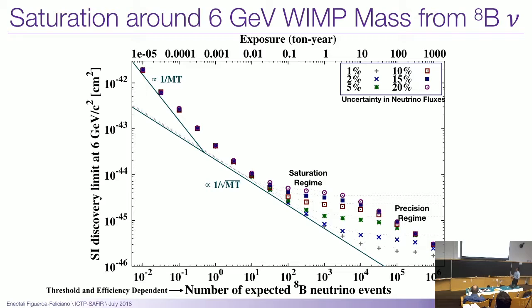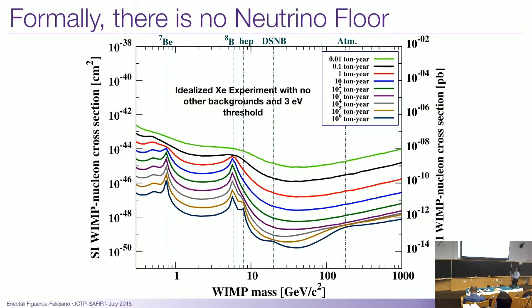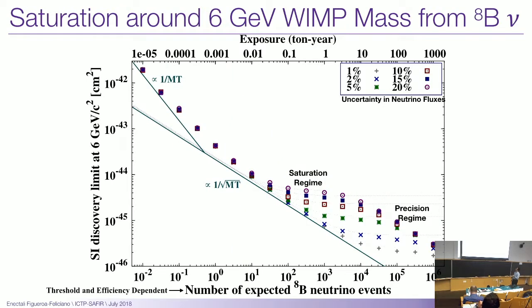So this is a plot of the discovery limit. Each of these dots is basically this point for the boron 8. Instead of exposure, I'm plotting it as the number of neutrino events, because the exposure depends on the experiment, but basically you're going to have an experiment with a particular exposure, and you're going to expect some number of boron 8 neutrinos.